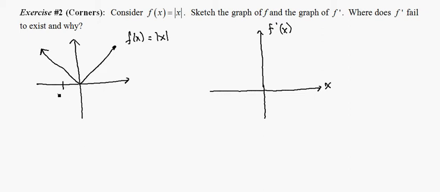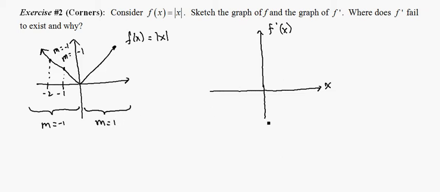So if I went over here to, let's say, -1, I would know that the slope right here is -1. And if I went over here to -2, I would know the slope here is -1. In fact, the slope anywhere along this portion of the curve is -1. Also, the slope anywhere along this side of the curve is +1.